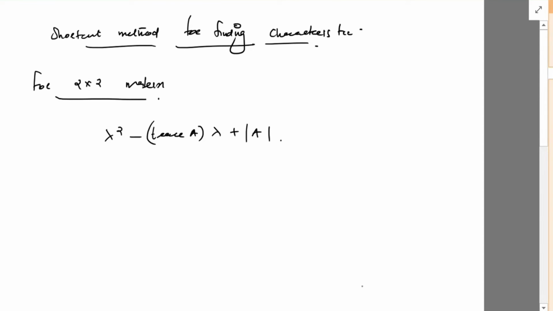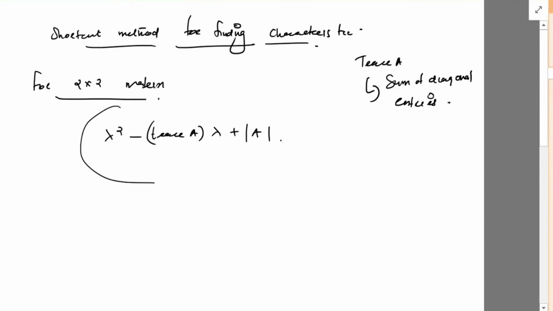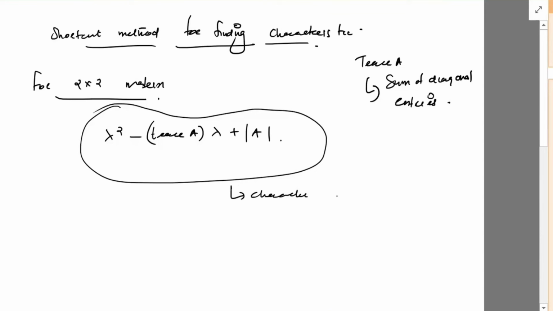So you have to know what is called a trace. What is a trace? Trace is nothing but the sum of diagonal entries. That is called a trace. Okay. So if you find lambda square minus trace of A into lambda plus determinant of A, that will give you the characteristic polynomial of a 2 by 2 matrix.